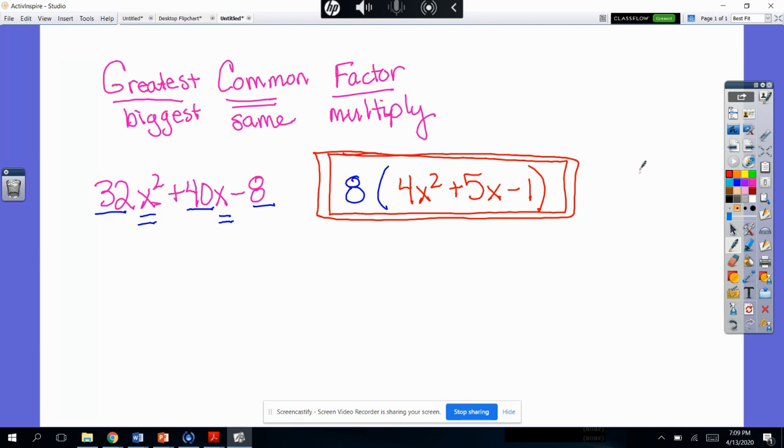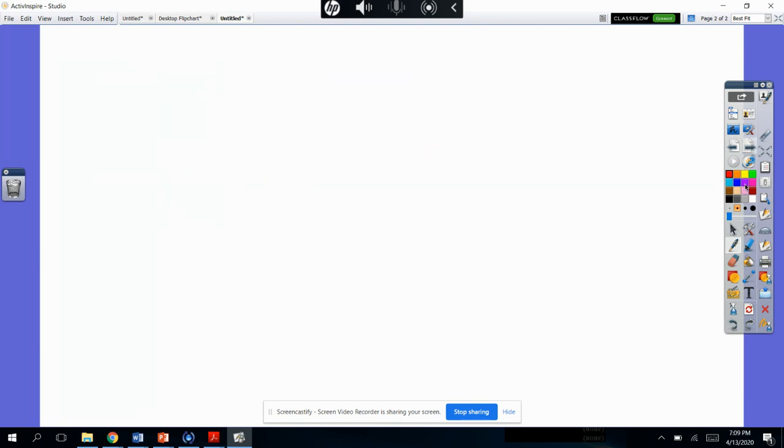So let's try one where we subtract the exponents. The next example is 5x squared plus 30x to the 4 plus 5x to the 3. First I look at the numbers: a 5, a 30, and a 5. What number can divide into all of those? The biggest is a 5.